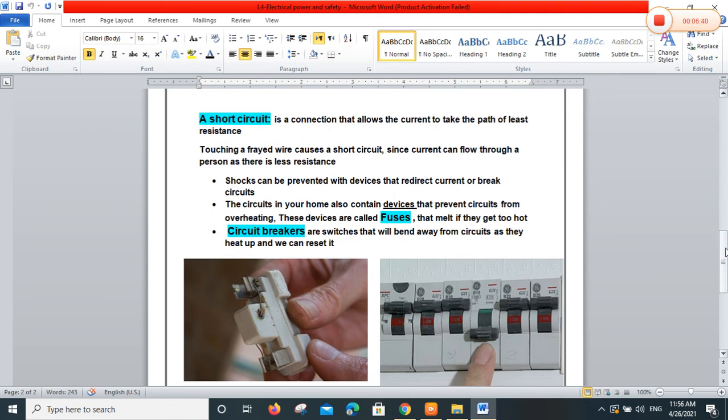Okay, look at your book, this lesson, electric power and safety. On page 183, we can calculate current equals power divided by voltage. This is so easy. And page 184 speaks about energy equals power times time.